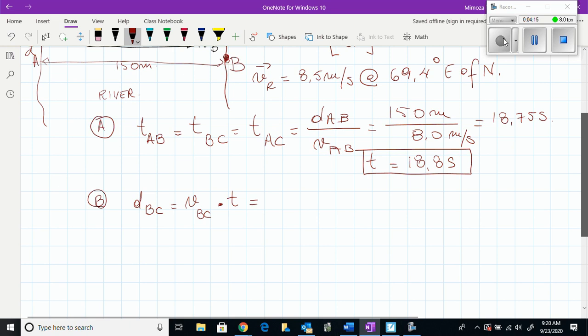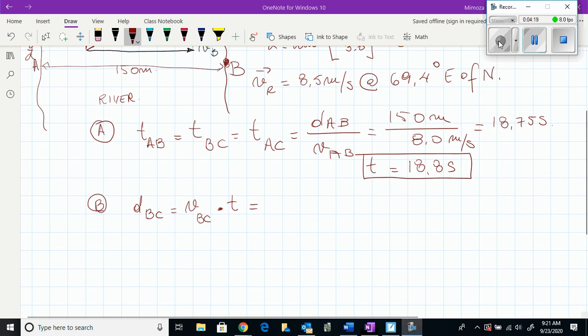The velocity in that direction was 3.0 meters per second times 18.8 seconds. So 3 times 18.8 in your calculator will give meters. So downstream it is going 15.4 meters.